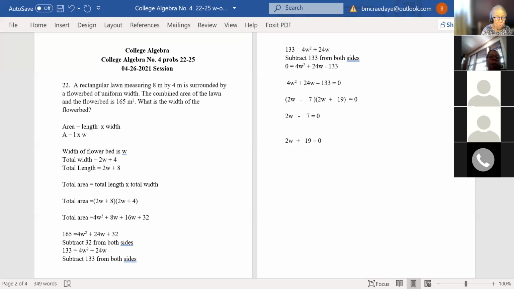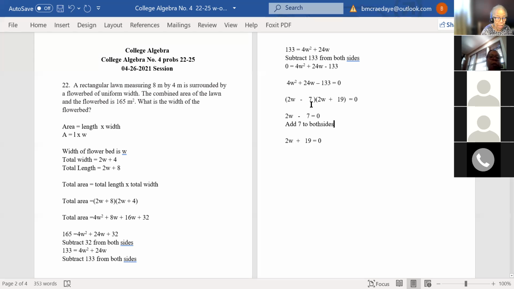You'd have to add the 7. You gotta add 7 to both sides.